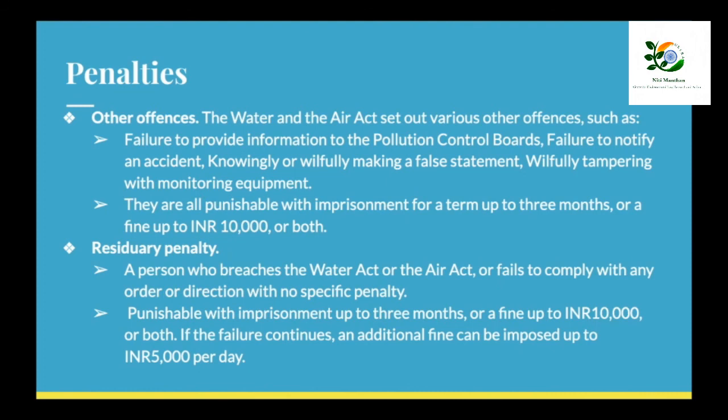Now, there are some residuary penalties as well. A person who breaches the Water Act or the Air Act, or fails to comply with any order or direction with no specific penalty, is punishable with imprisonment up to 3 months or a fine up to INR 10,000 or both. If the failure continues, an additional fine can be imposed up to INR 5,000 per day.